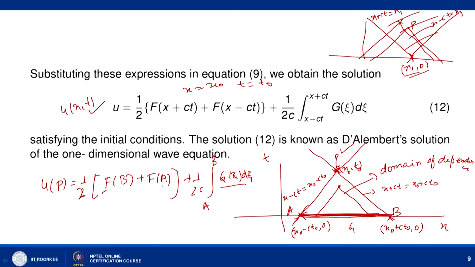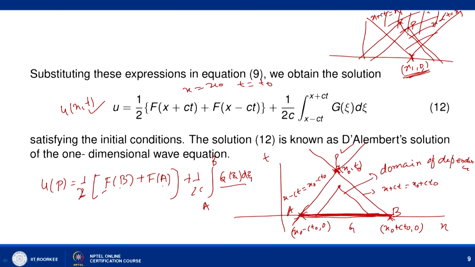So, we call this upper region the region of influence of this point x1 comma 0, because if you take any point in this region, say here, and draw your domain of dependence, that must contain the point x1 comma 0. So, we say that a point on the x axis will define a region in which, for every point you take, the solution must depend on x1 comma 0.